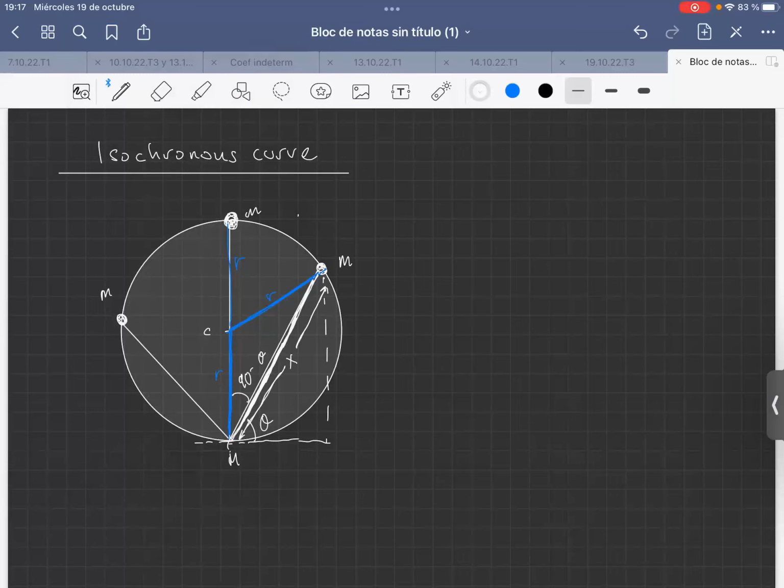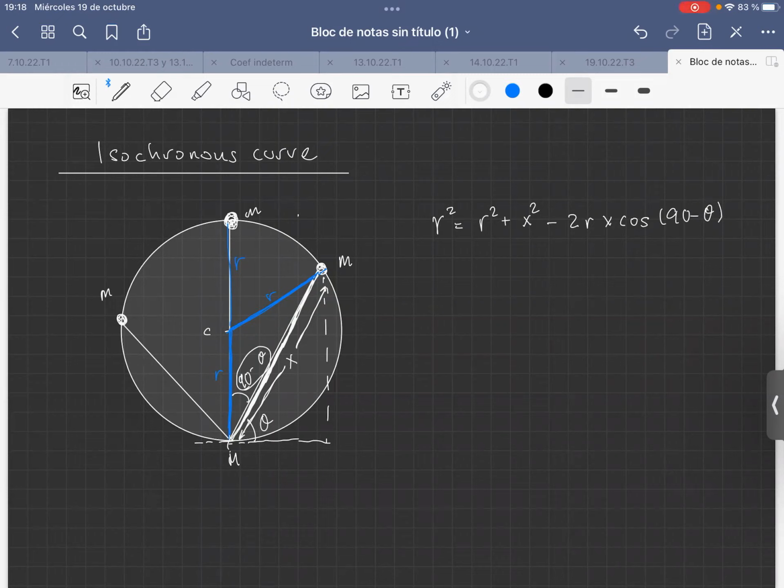So what is that x? Well, if we use the law of cosines, we'll have r squared equal to the two sides squared minus twice the two sides times the cosine of the angle between them, which is basically this one, 90 minus theta.